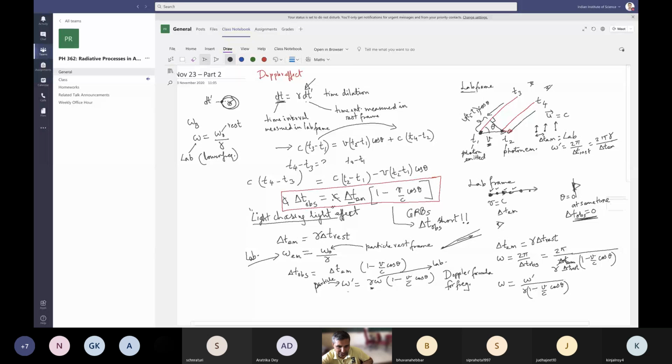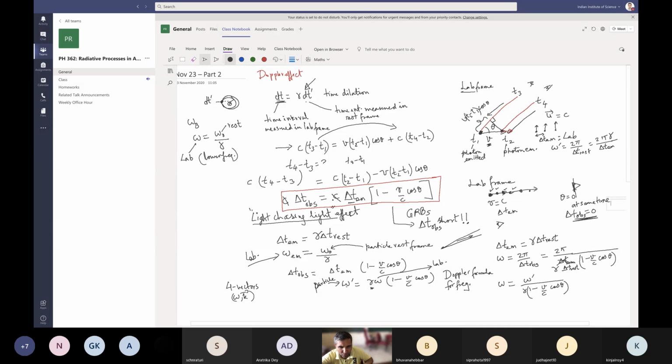So, I mean, this actually can be seen by 4 vectors too. We know that omega and k is a 4 vector. We'll actually come to this concept later, but this is a physical way of seeing the Doppler formula.